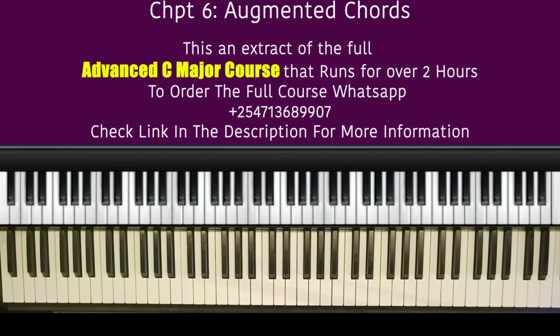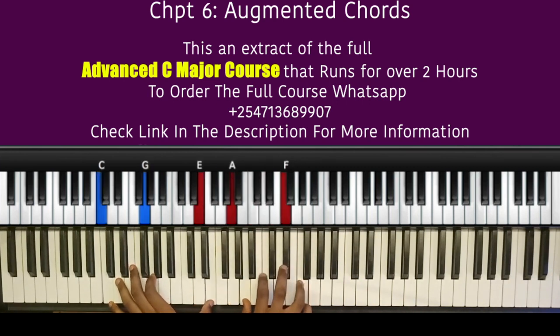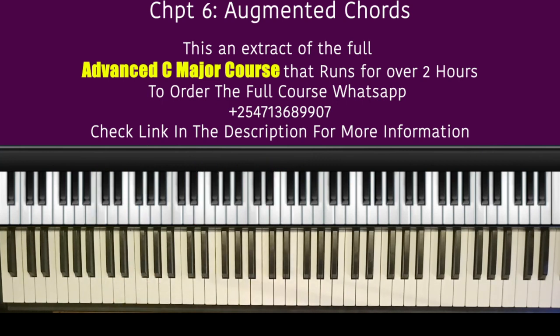So basically this is the use of augmented chords on the key of C. So this is how you could use, let's say, an augmented chord. The theory is this: as long as you are using an augmented chord, let's say a C augmented chord, your bass line is supposed to be a tone higher, same as the theory for the quarter chords. Like for example, let me give you an example.